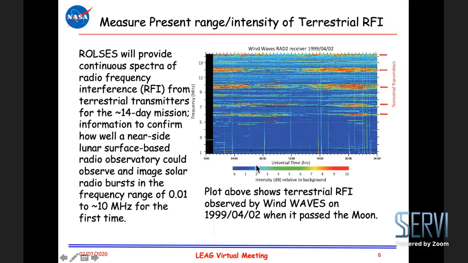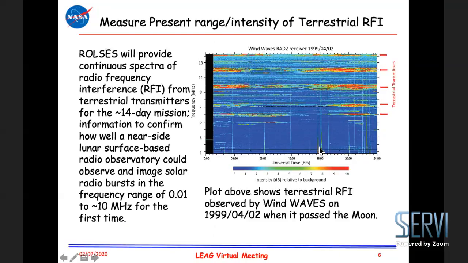As a comparison, here is a plot from the Wind/WAVES spacecraft at a time when it flew very close to the Moon, passing the Moon. And as you can see, over 24 hours, it was at a time when the solar activity was low.